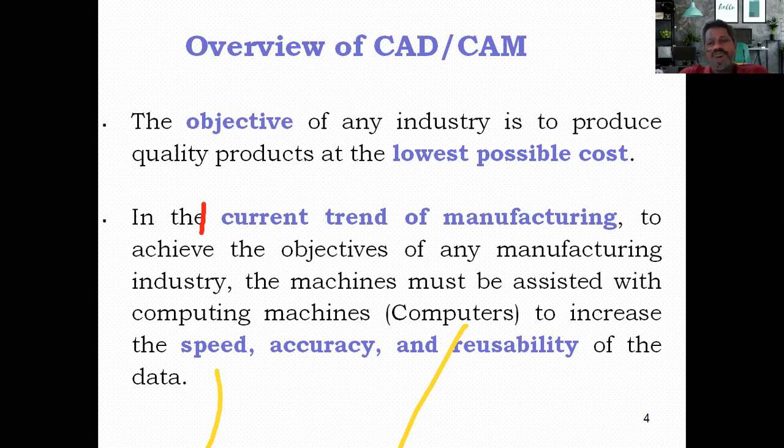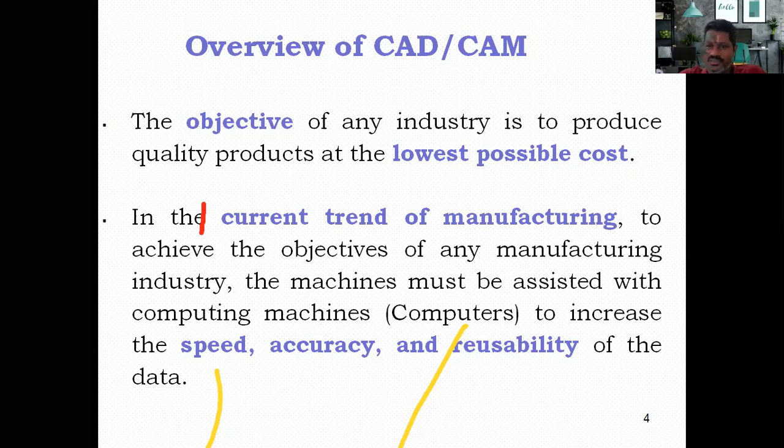These two are very important terms for any industry, because if you want to produce a high quality product, the cost also increases. So these two are directly proportional, but we need to produce products with optimized cost. Of course, you cannot produce low quality products because that product cannot sustain in the market.